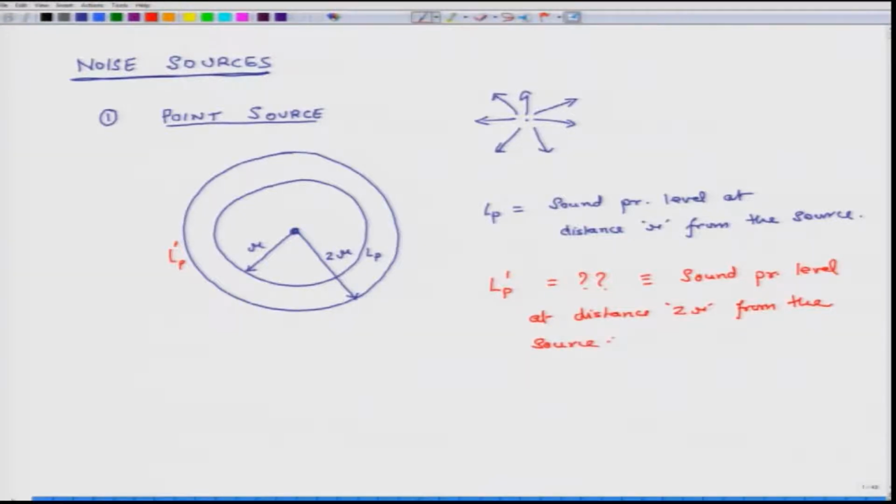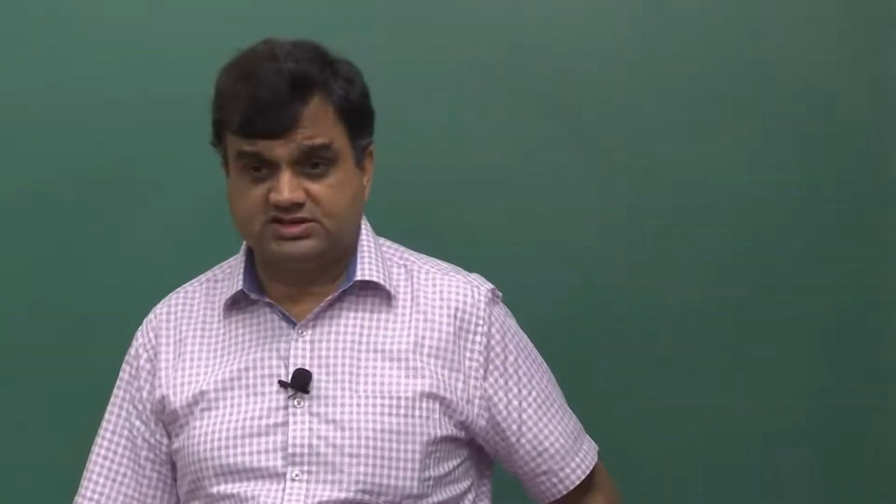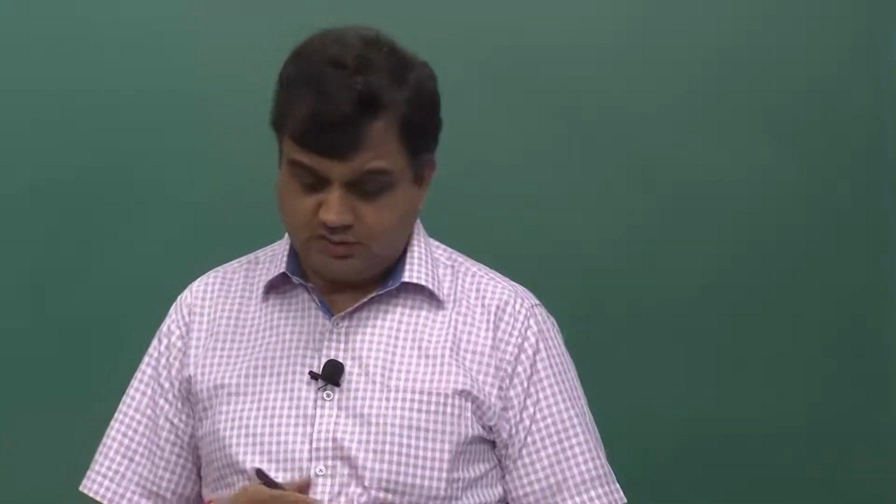Based on the mathematics we have discussed in the last several lectures, because it is a spherically symmetric source, there will be a loss of 6 decibels. So, LP prime will be LP minus 6 decibels. Each time for a point source you double the distance, your sound pressure level falls by 6 decibels. If I make it 4r, then it will be LP minus 12 decibels. If I make it 6r, it will be LP minus 18 decibels, and so on.